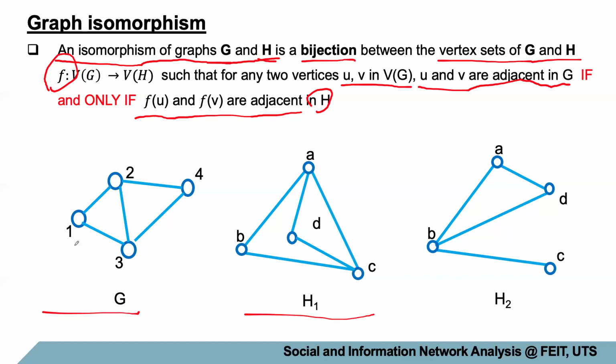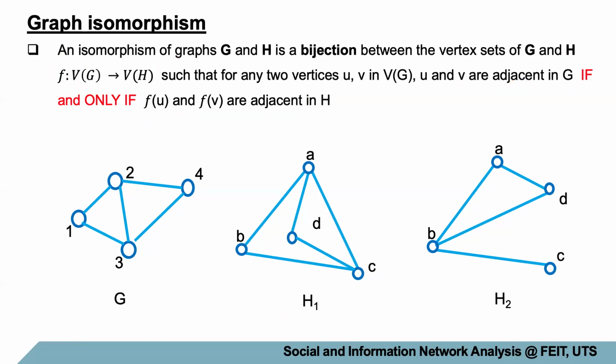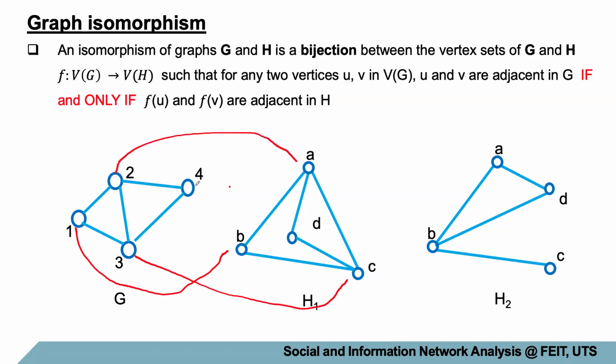Yes, so if we map vertex 1 to vertex B, and then we map vertex 3 to vertex C, vertex 2 to vertex A, vertex 4 to vertex D. Then we can check.